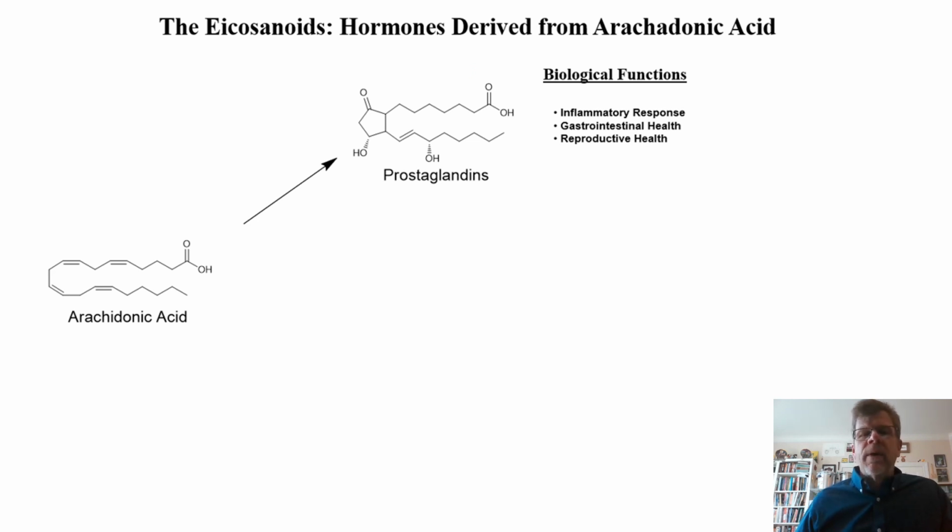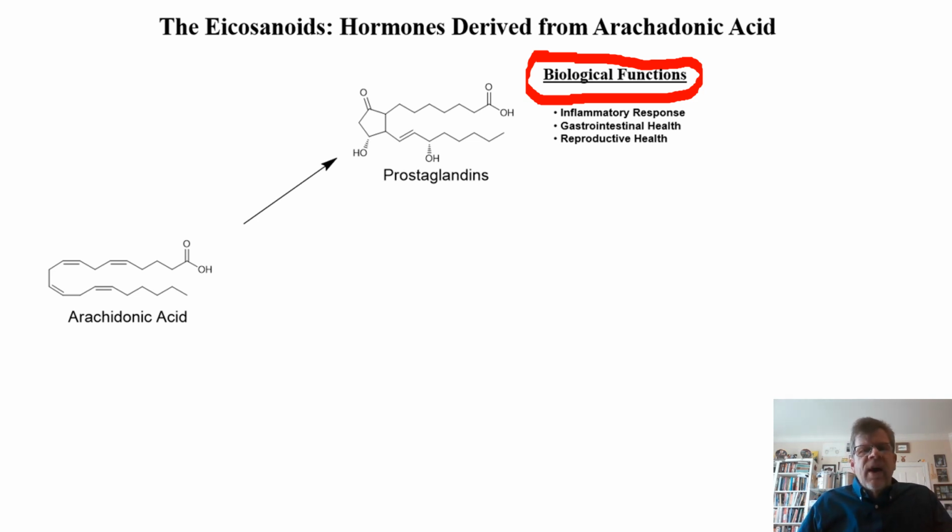Now, some important biological functions, there's a lot of them for the prostaglandins because, again, there are many different structures or different variants, if you will, structural variants of prostaglandins, and they all have different types of biological functions, 3 of which I've shown here. Prostaglandins are implicated in the inflammatory response within animal systems.